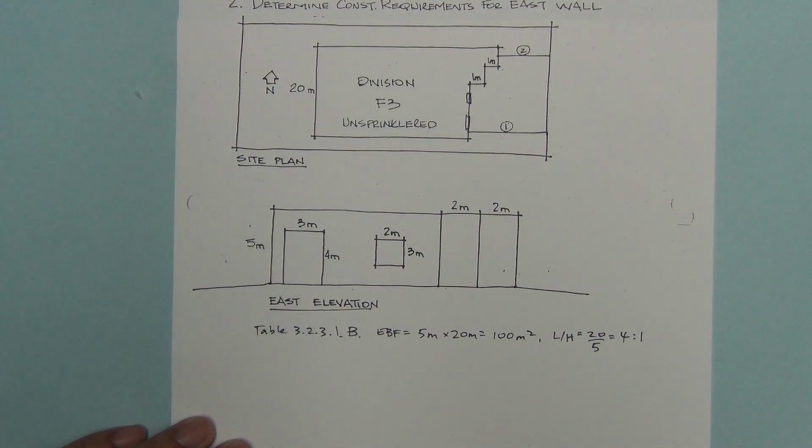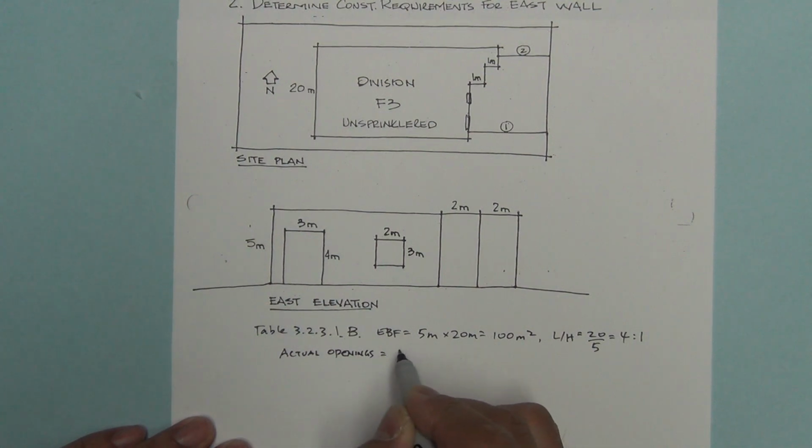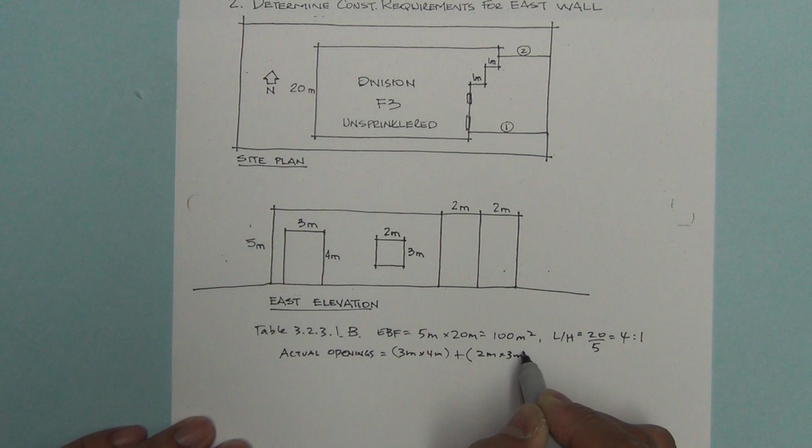Now the actual amount of unprotected openings (3 meter by 4 meter), and you add to it 2 meter by 3 meters.